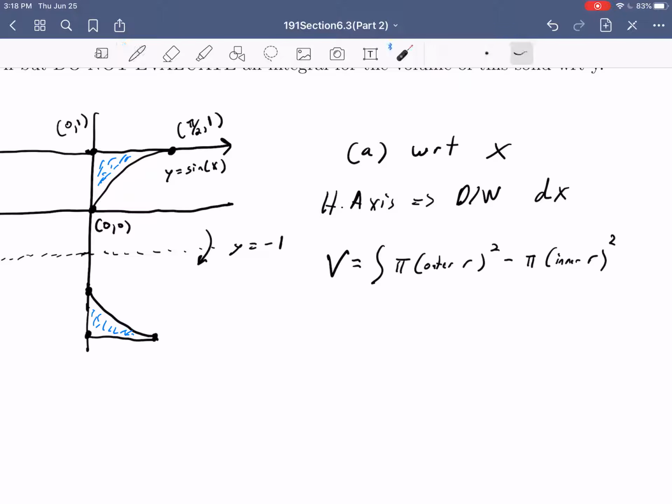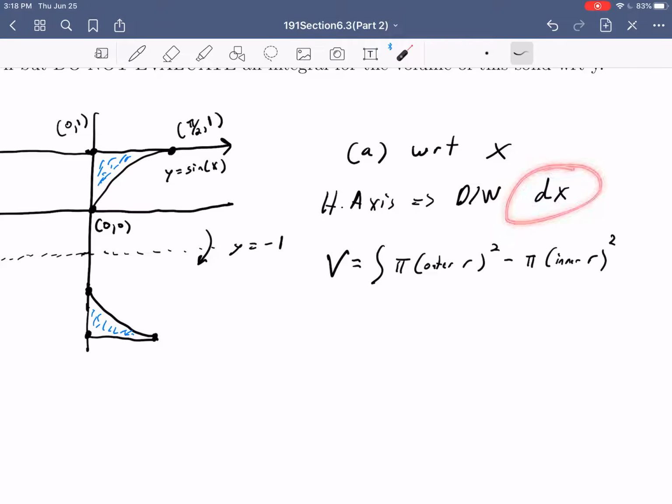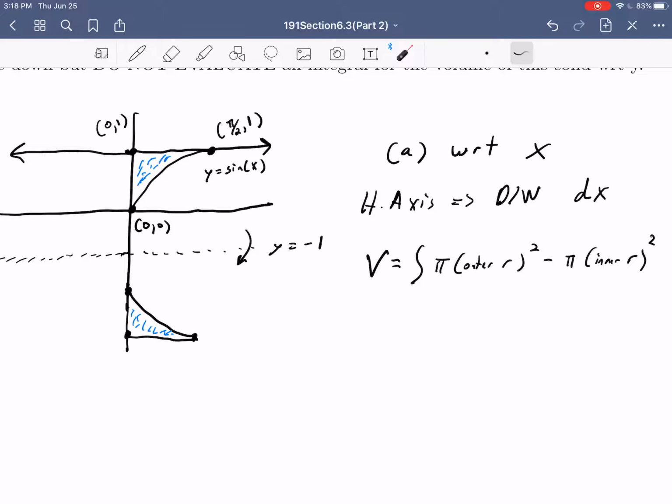All right, so let's go ahead and draw a typical disc or washer in this case. Since we're working dx, we want to draw vertical lines, which makes sense because for discs and washers we start from our axis and draw to our region. So we're coming along like that.